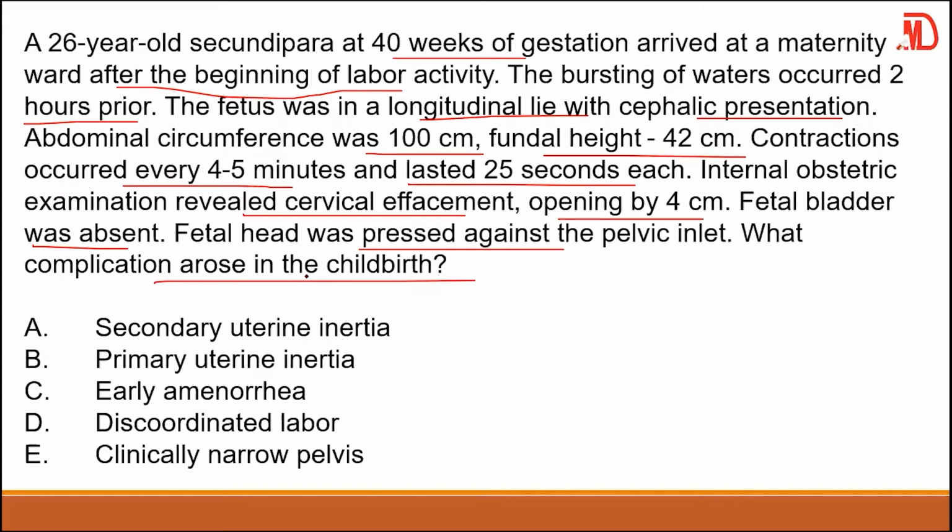So usually what they're looking for here is what term is given to bursting of waters before labor. Before labor. And of course, here we call it early amenorrhea. All right.